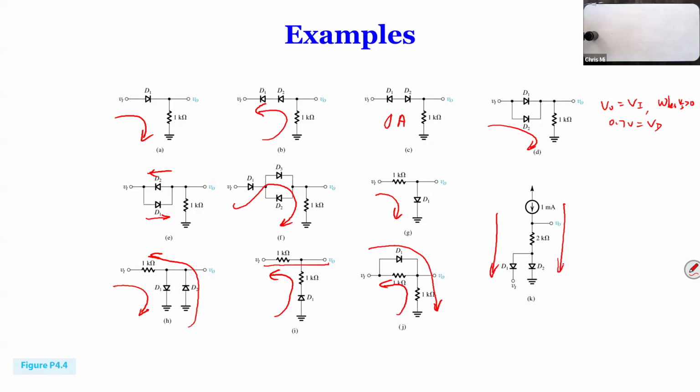Okay, so now I guess we do one more step. Let's assume VD is 0.7. Now we're going to mark up values. Vi is 5.